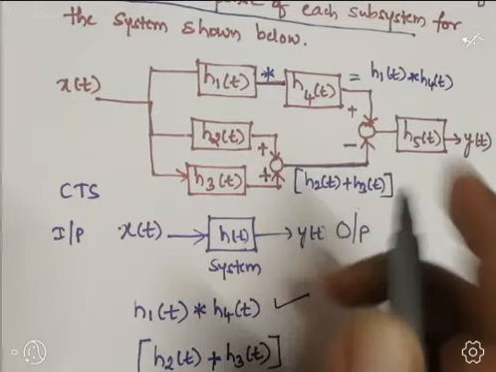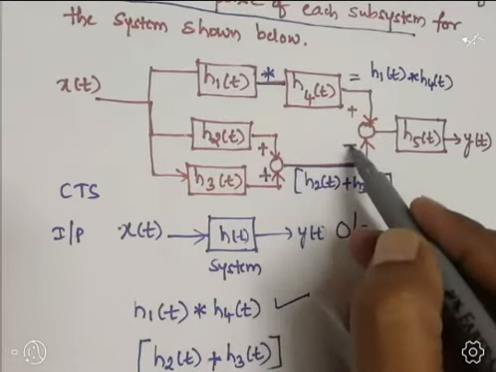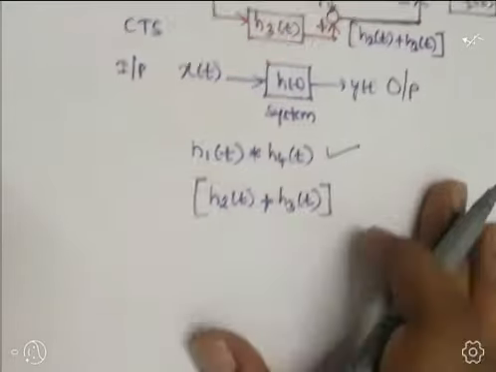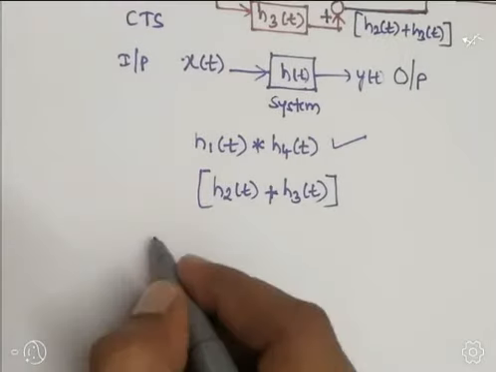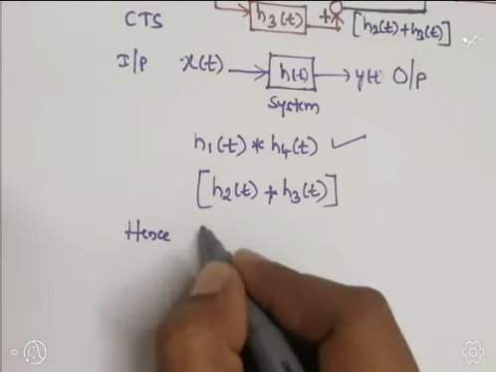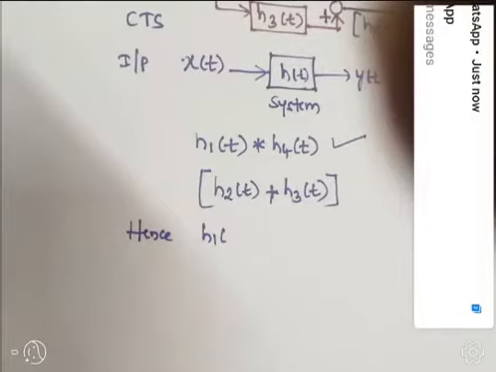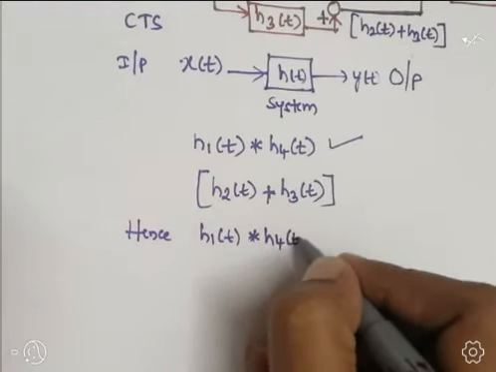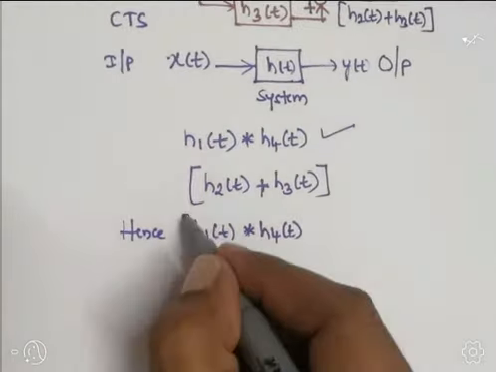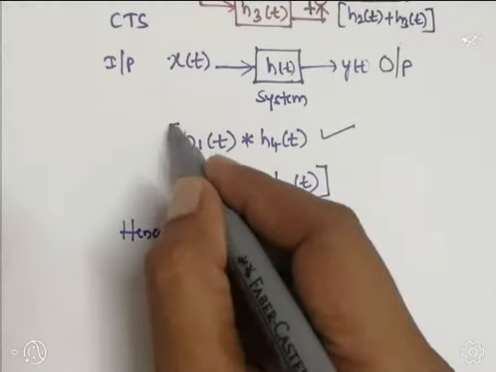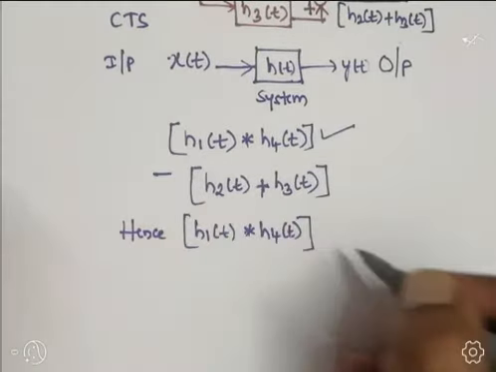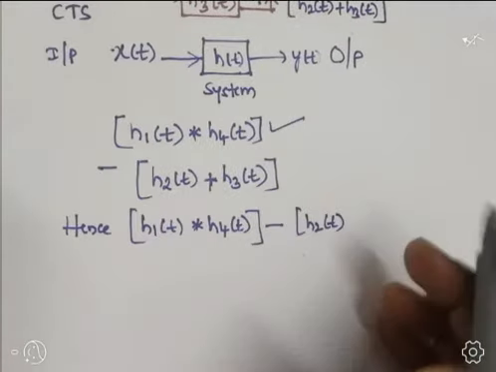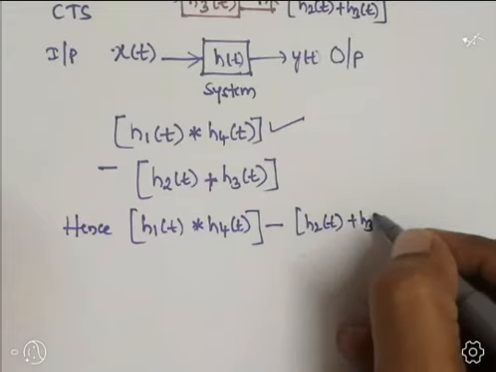This result we have to subtract, since minus is given. Hence we can write h1 of t convolution with h4 of t, minus h2 of t plus h3 of t.